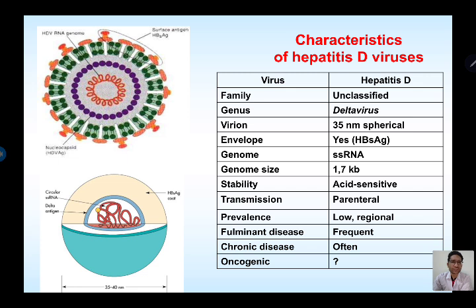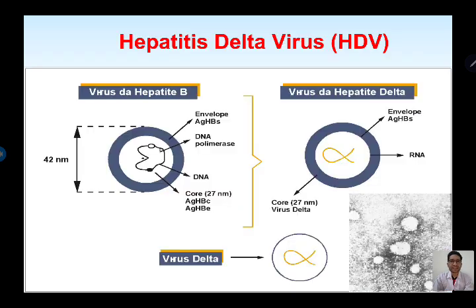Envelope is yes, genome is RNA, genome size is 1.7 kb, stability is acid sensitive, transmission is parenteral, prevalence is low and regional. Fulminant disease is frequent, chronic disease is frequent, and oncogenic is unknown.